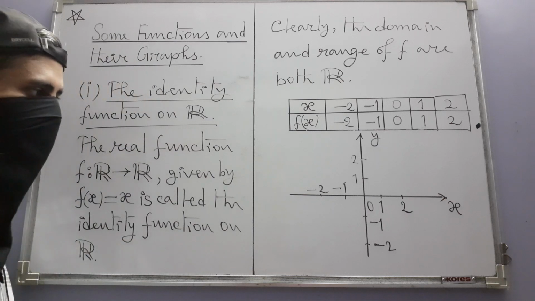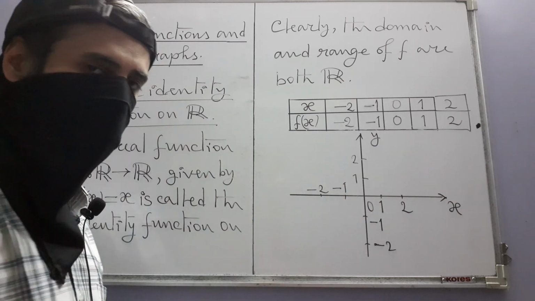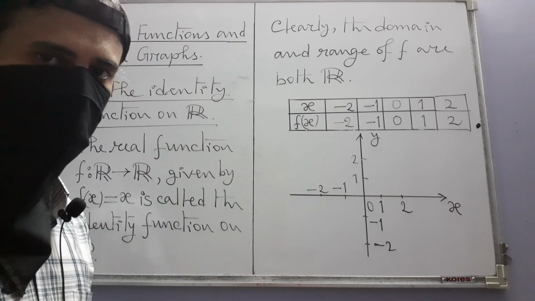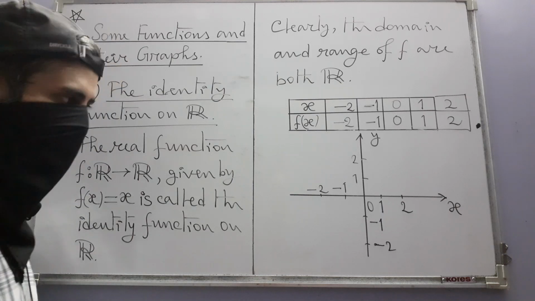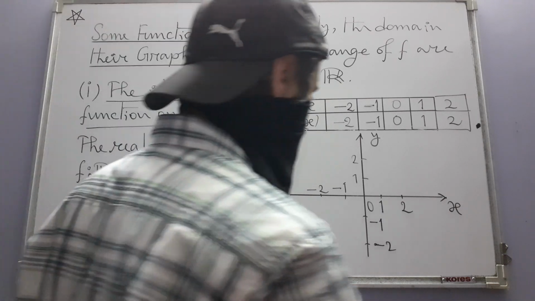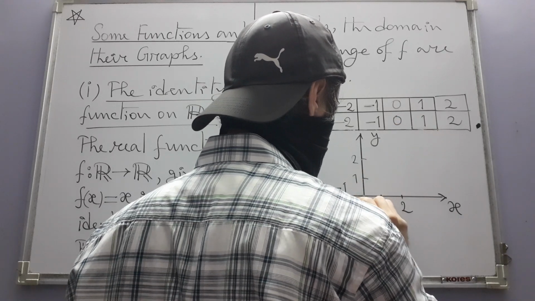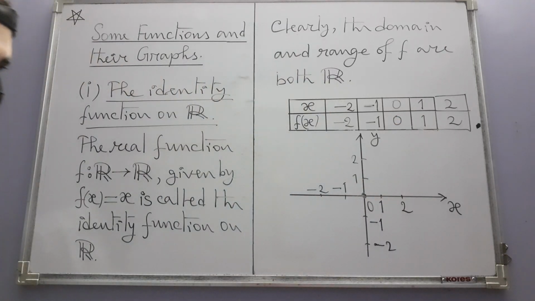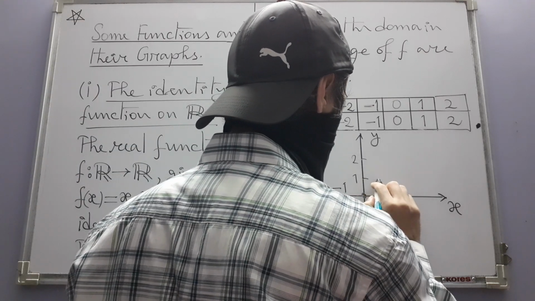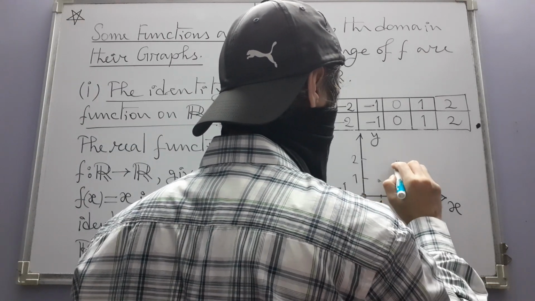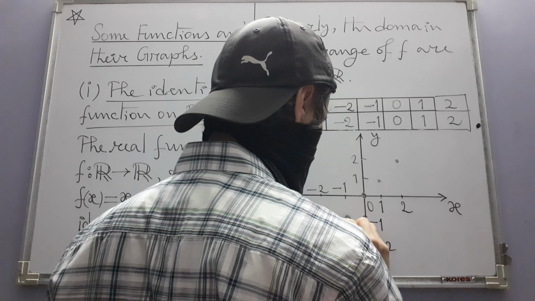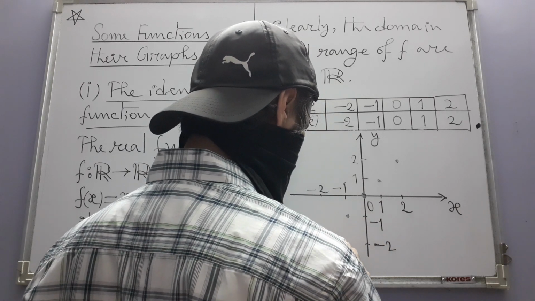You can see how carelessly I am just putting these points on the axis. So that's enough for our purpose. So one of the points is 0, 0. So this is the point 0, 0. And then we also have 1, 1. And we also have 2, 2. Then minus 1, minus 1. Minus 2, minus 2.